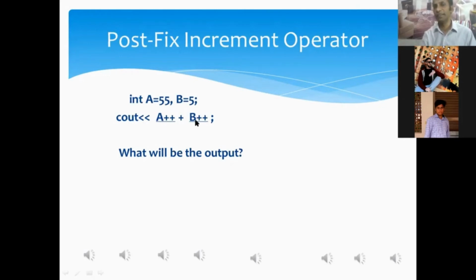And what is the current value of B? 5. Add these. 55 plus 5. 60. Okay. It means the current value of the variable will be used first, and then the variables will be incremented by 1. All right? Yes. My dear, the answer is 60.